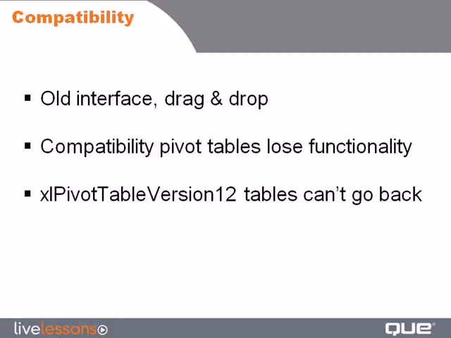But the real big problem is pivot tables that were created in Excel 2007 can't go back and be opened in Excel 2003 and be refreshable. That's a huge problem. And we'll talk about the steps necessary to be able to create a pivot table in Excel 2007 that you can share with Excel 2003.